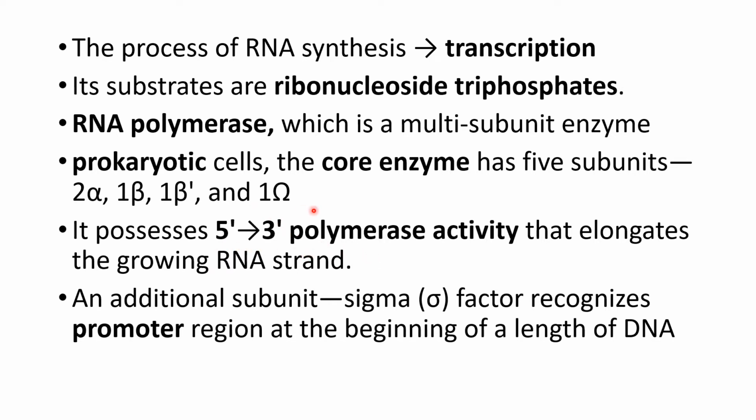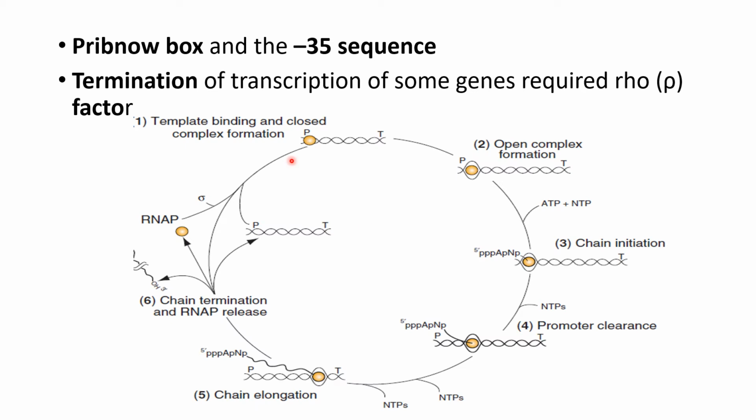The function of the omega subunit is unknown, and the additional subunit is known as the sigma factor. It is used for the recognition of the promoter region. These promoter regions are present at the beginning of the gene, and in prokaryotes the promoter regions are the -10 box and the -35 sequence.